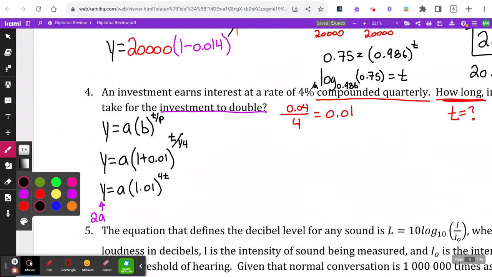So my equation is 2a equals a times 1.01 to the power of 4t. Divide a to the other side, and you get 2 equals 1.01 to the power of 4t. Anytime you have an investment that doubles, it's always going to work out that way, that you get that rate on the other side.